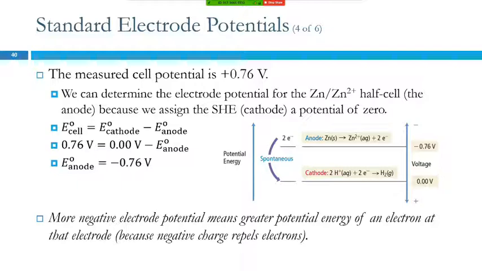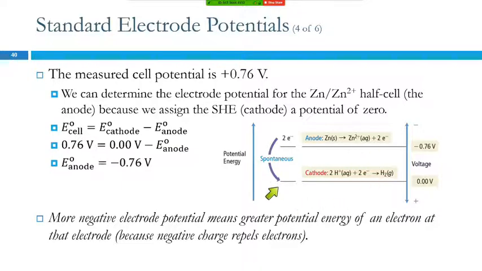The cathode is 0. So we measure the potential of the cell is plus 0.76. The cathode is 0, and so that leaves the electrode potential for the anode. And so just simple subtracting, we get E for the anode is minus 0.76.